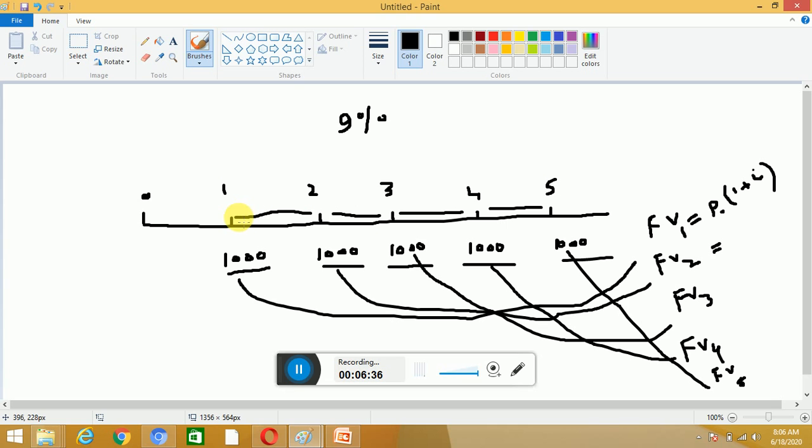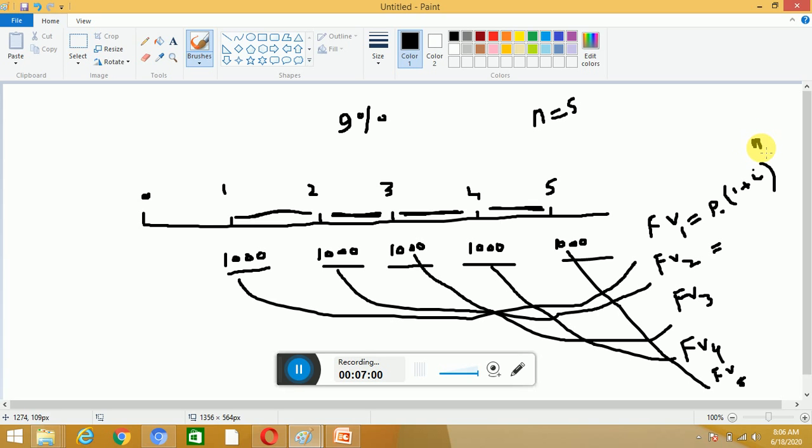But we are receiving interest 1 time, 2 times, 3 times, and 4 times. So our n is equal to 5, but we are receiving interest for 4 years. So what will we do in our formula?